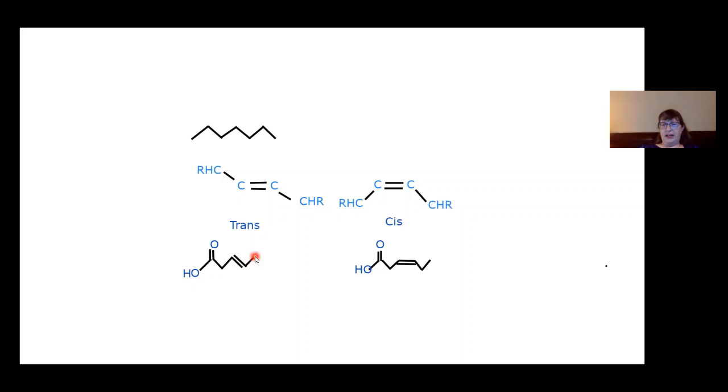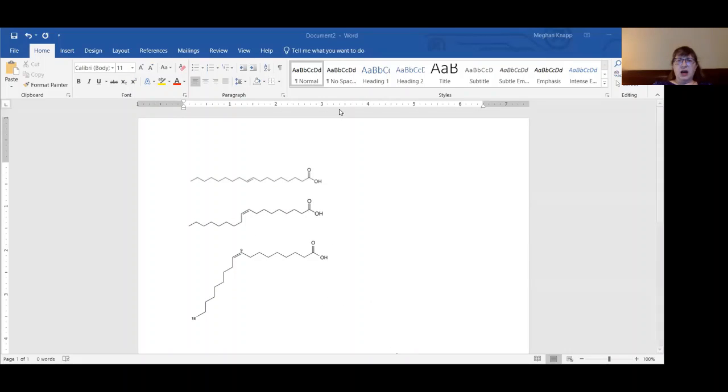All right, so I'm going to switch how I'm sharing now and show you an illustration from longer fatty acids. So this top picture here is oleic acid, and this is trans oleic acid.